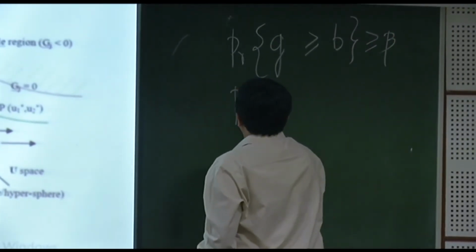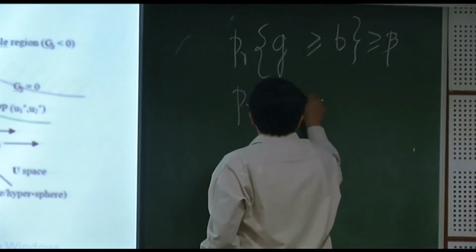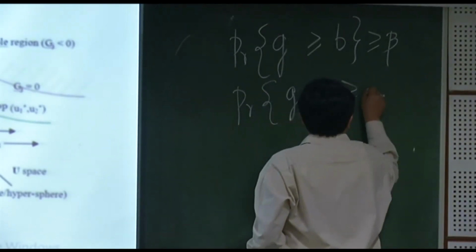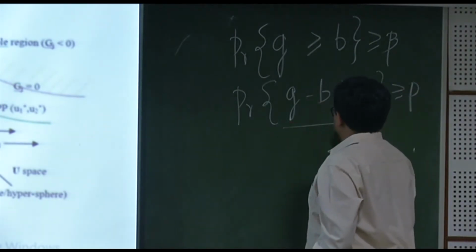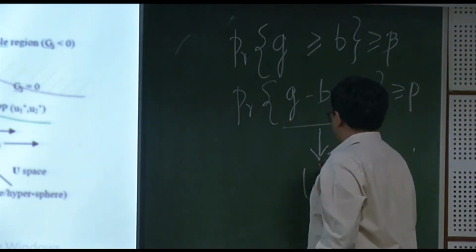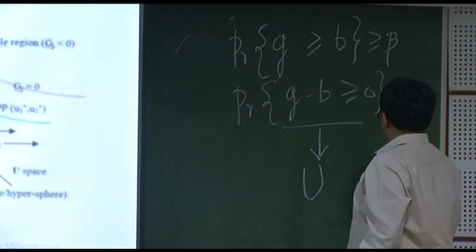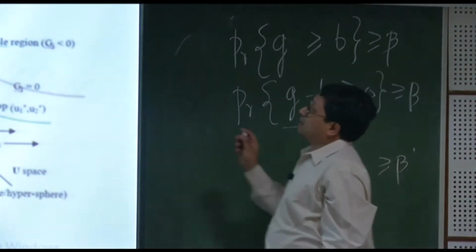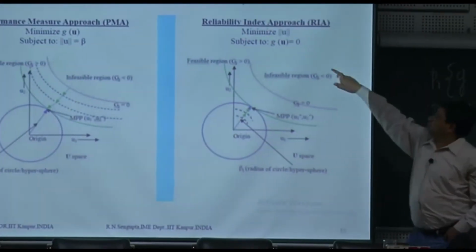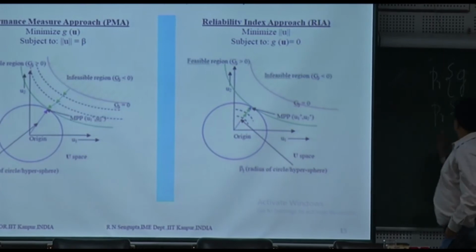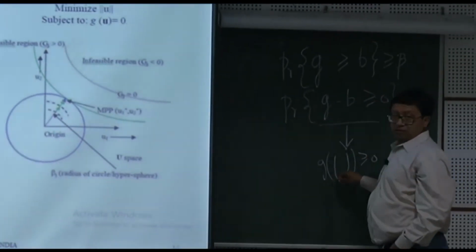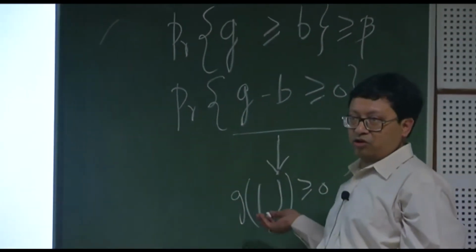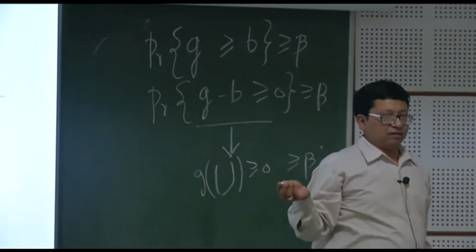So what you do is G minus B is greater than 0, is greater than beta, beta doesn't change, you convert this into U space such that it is greater than or equal to beta, and this is what you want to minimize, subject to the constraints such that this becomes greater than this. This is exactly what you are doing for the constraints condition.